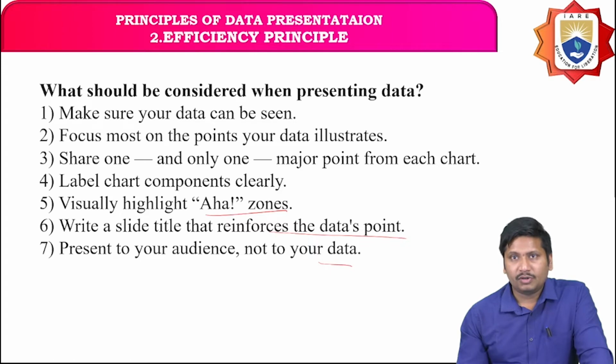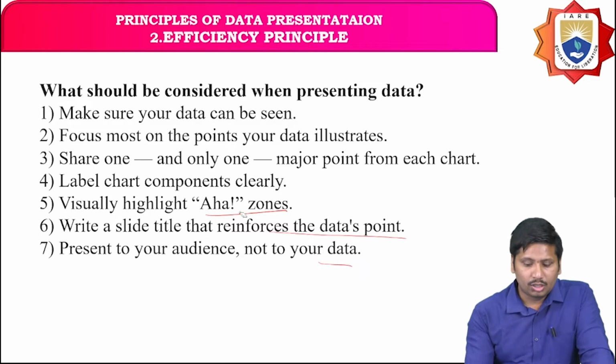The remaining points may not have that much preference, so leave them and focus on the main points only. Share one and only one major point from each chart. Suppose I get one piece of information from one chart, and similarly one piece of information from another chart, so share only the major content available from the chart. Only that has to be presented.